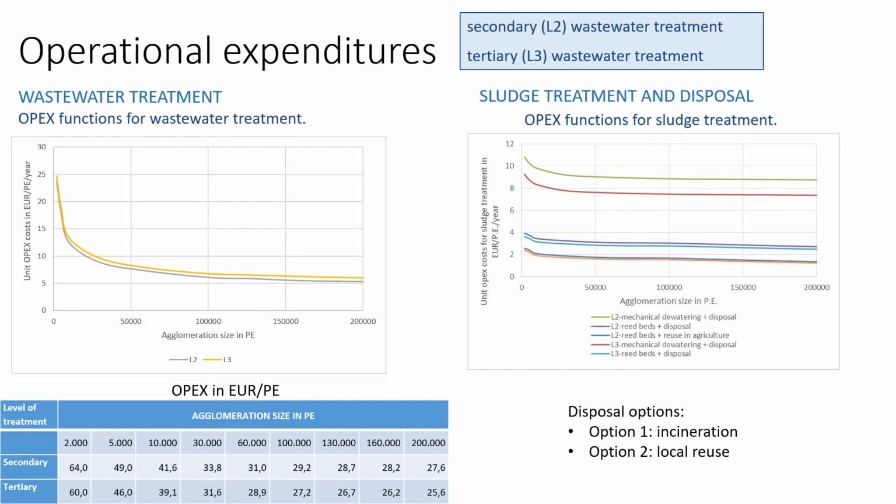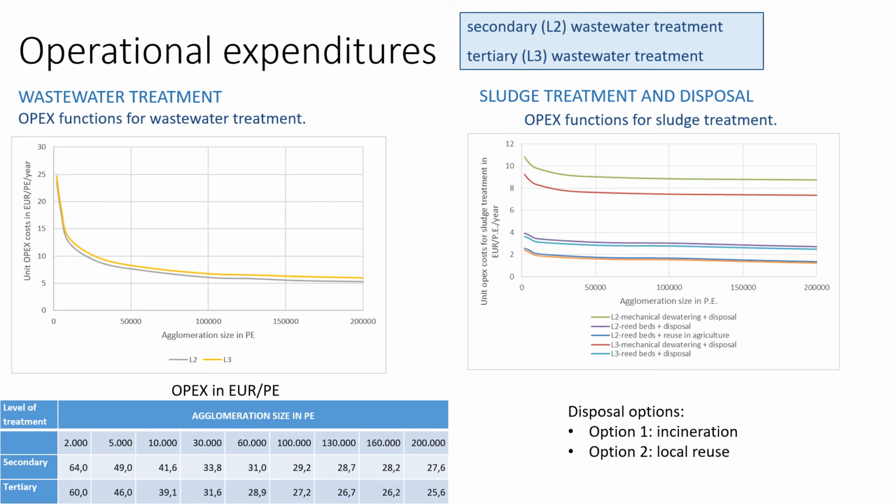So for a wastewater treatment plant with capacity 200,000 PE it is from 25 to 27 euro per PE. A wastewater treatment plant for 200,000 PE for tertiary level of treatment has also around 20% bigger OPEX compared to a wastewater treatment plant for secondary level of treatment.